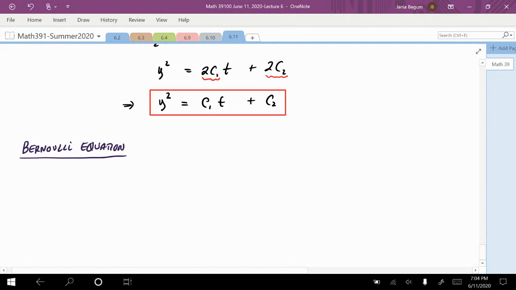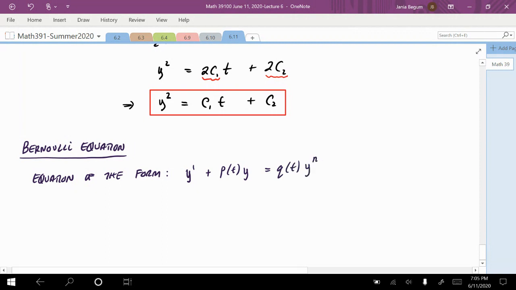Bernoulli equations are equations in a very specific form. So these are equations of the form: y prime plus p of t times y is equal to q of t times y to the nth power.